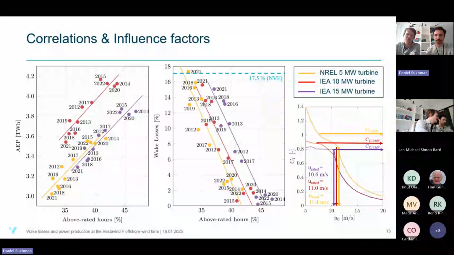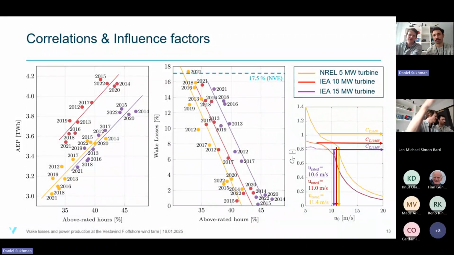Also, we have different values of rated thrust for those three different turbine models. Those values are between 0.8 and 1.05, if I remember correctly. And the higher thrust we have, the higher wake effects we also have. So in some cases, those two effects, the thrust itself and the limit where the thrust is actually rated, oppose each other.